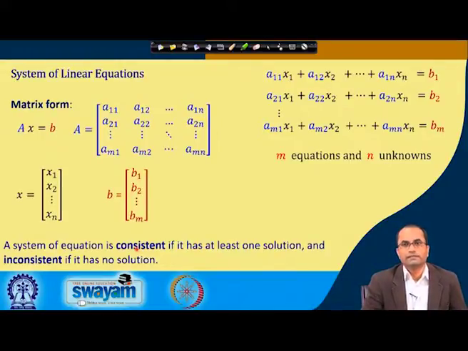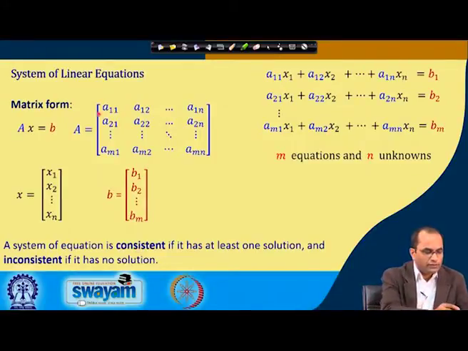One, the system does not have a solution at all. The second, it has a solution and it is unique. The third one, it has solutions and they are infinite in number, so infinitely many solutions. These are the three possibilities for systems of linear equations, and we will also look at their interpretation.